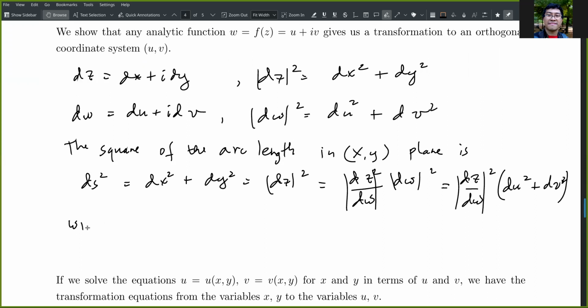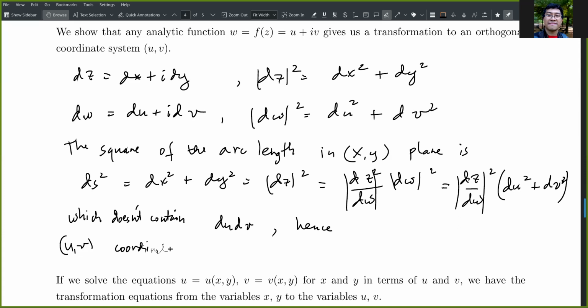Let me write it properly. This doesn't contain a du times dv term. Hence, the uv coordinate system is orthogonal.